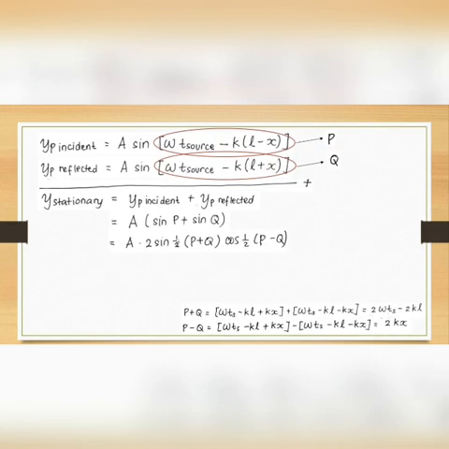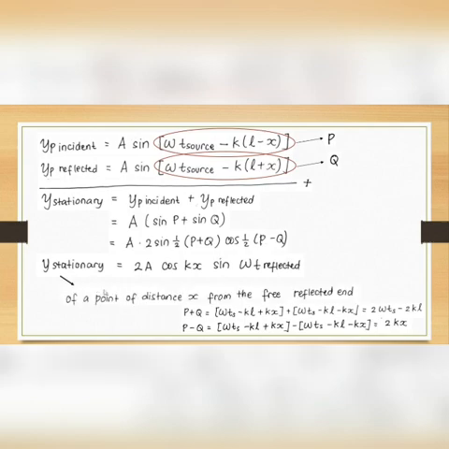So I will change this. The displacement of a stationary wave is 2a times the cosine of kx times the sine of omega t reflected. This is for a point at a distance x from the free reflected end.